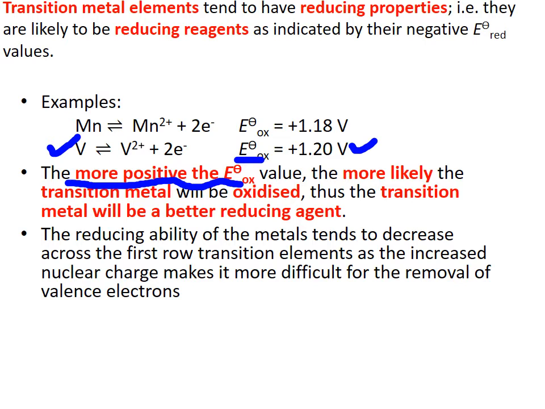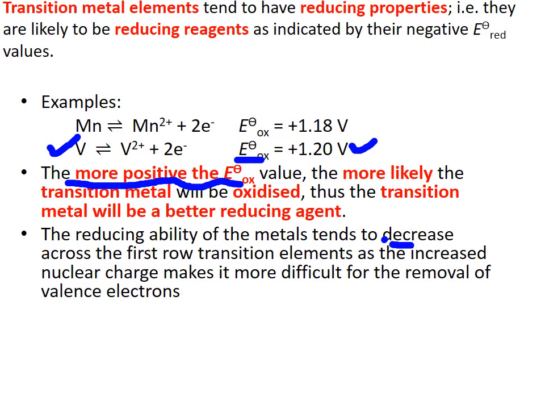Now, the last bullet point is talking about the reducing ability of the metals. It drops across the first row of transition elements. Why? It becomes a poorer and poorer reducing agent as we go across the first row.